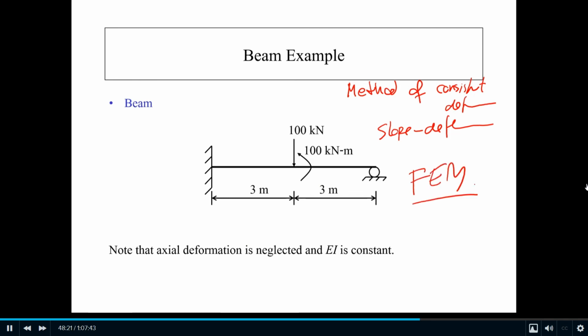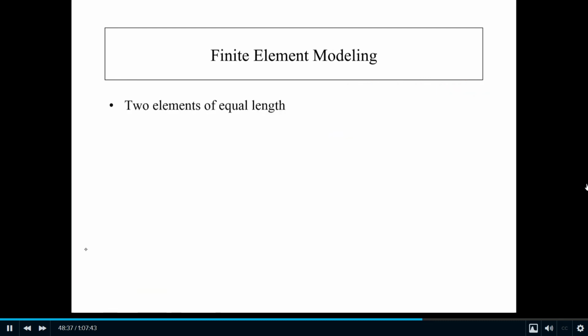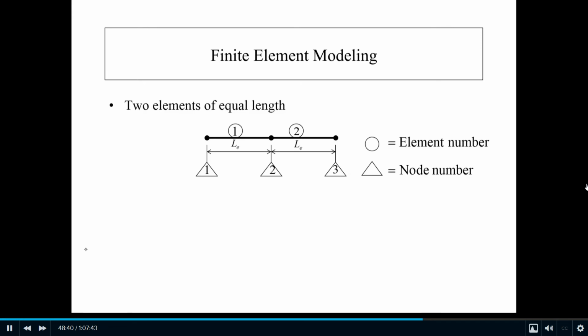Of course, we ignore the axial deformation, and EI here is constant. You have the applied nodal force here. Now we start with 2 elements first. Okay, 2 elements here.